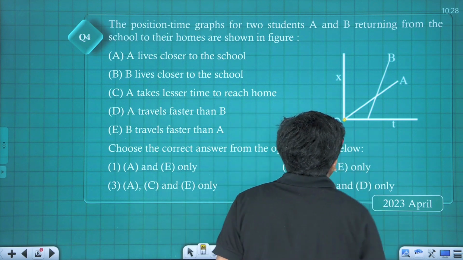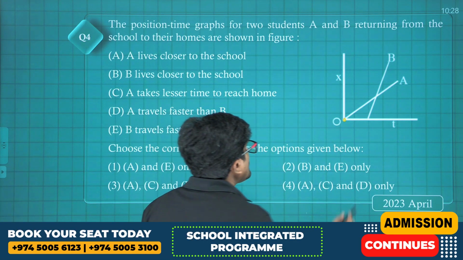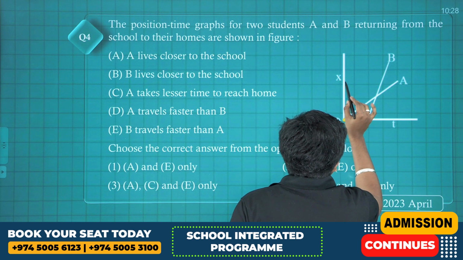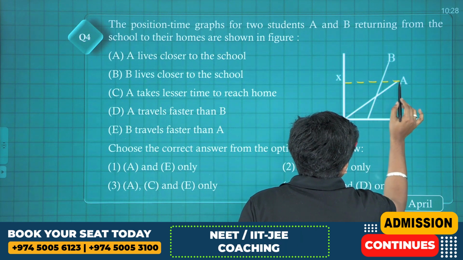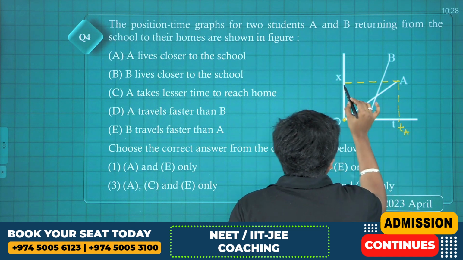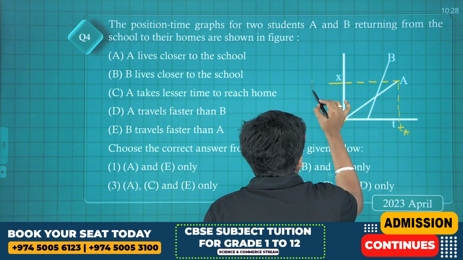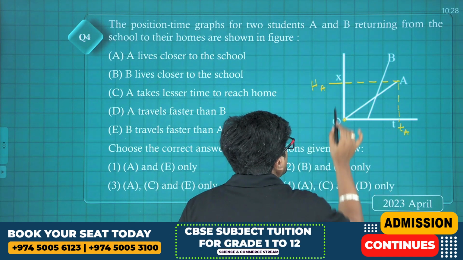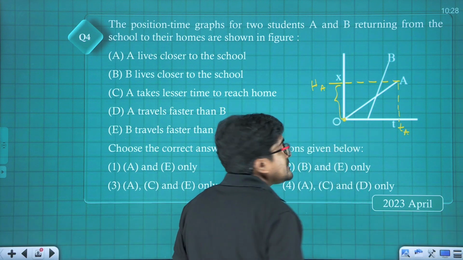Now let's try to understand the graph first. Here this is the position of the school, origin, and A reaches the home in this time. So this is time taken by A, and here this is home of A. So the home of A is at this distance.